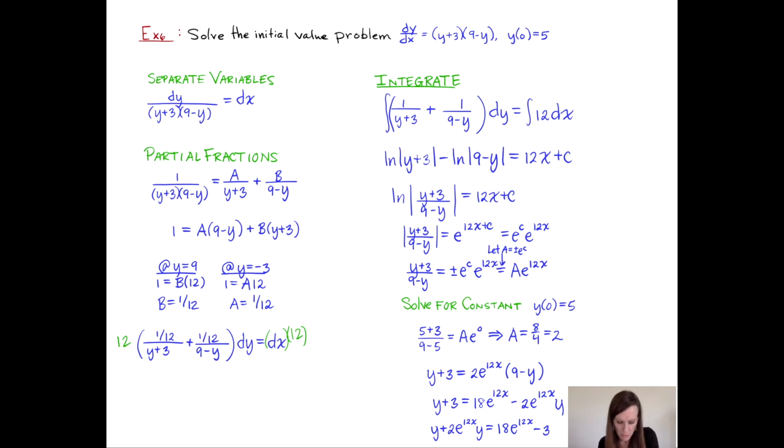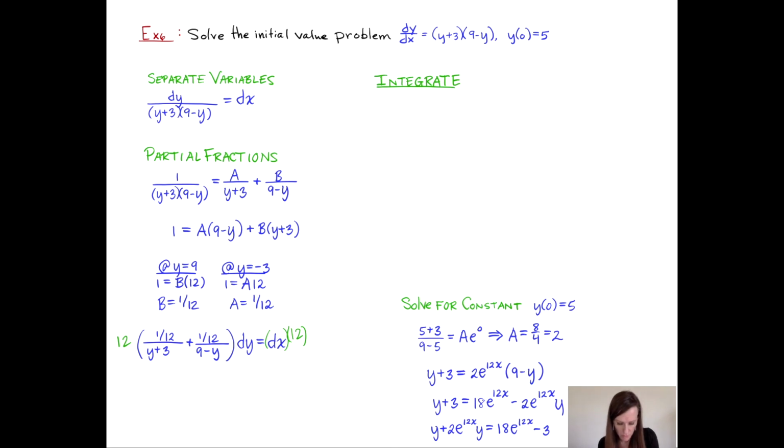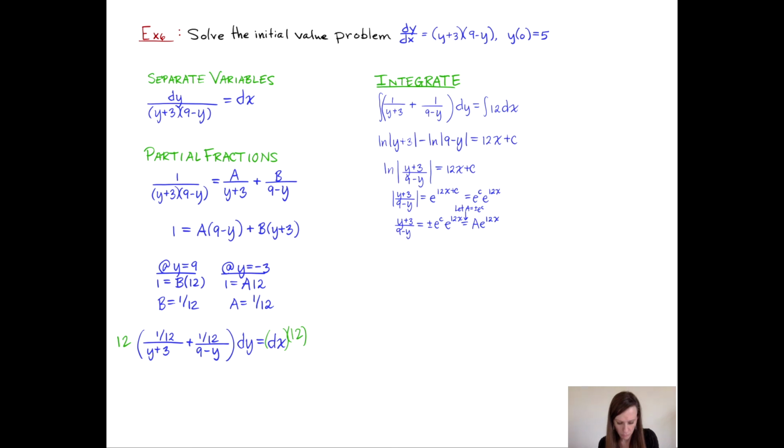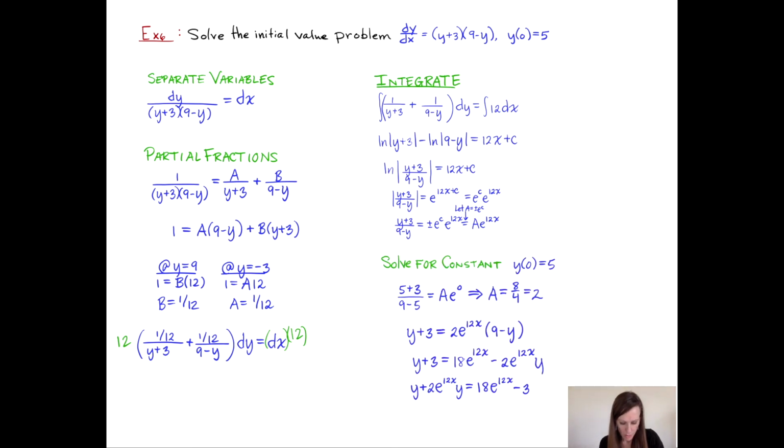So I'm going to make a little more room here, writing a little bit large. Okay, so on the left-hand side now we can factor out a y.